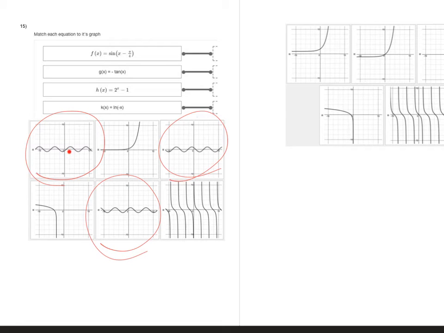Well, hard to know exactly if that's pi/4, but from the other ones, I can see that this isn't right at all, because that origin point where the sine graph passes through the origin, it's supposed to be going up. It has a positive slope when it passes through the origin. If I'm going to the right, the next positive slope going through the origin is way over here.